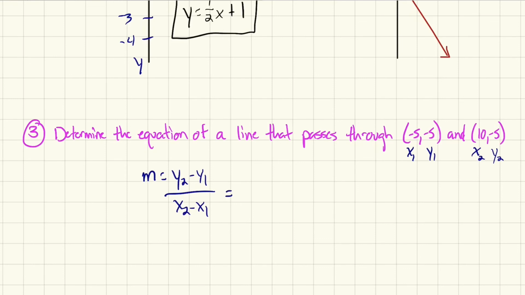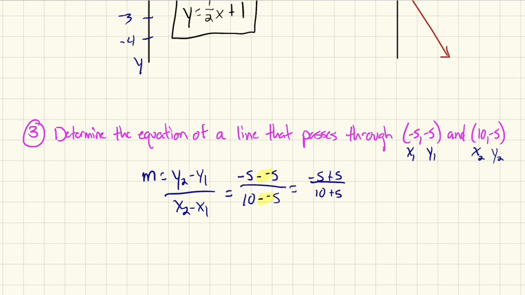That's going to be equal to -5 minus -5 over 10 minus -5. Okay. Simplifying, because we got some double negatives in there, that's going to give me -5 plus 5 over 10 plus 5.